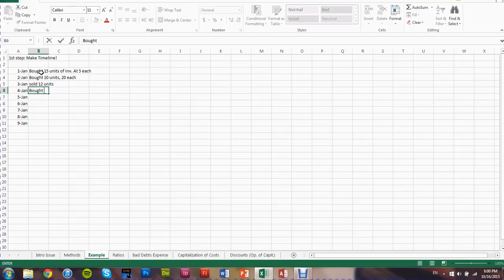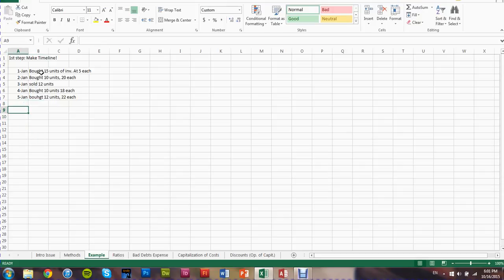And then we bought another 10 units, let's say $18 each. And then we bought 12 units, $22 each. So this is just our timeline. Let's not make it too complicated.